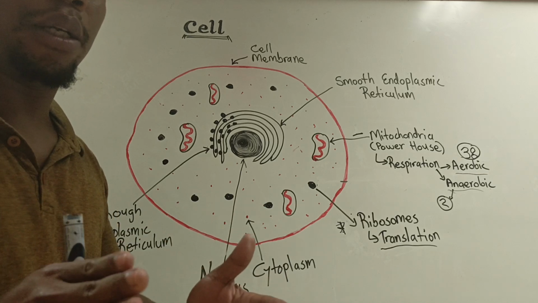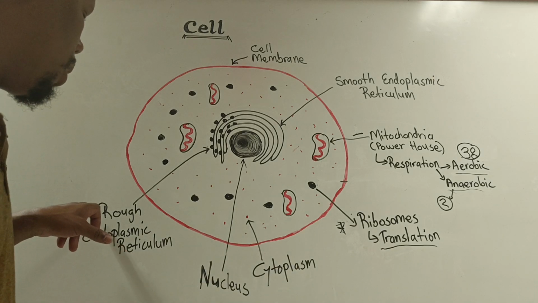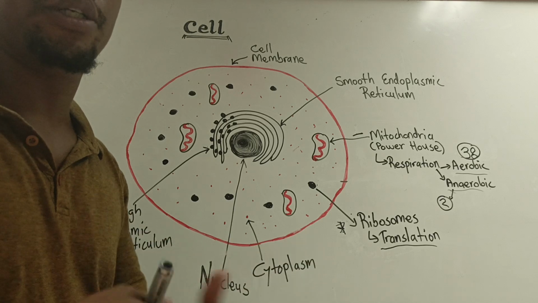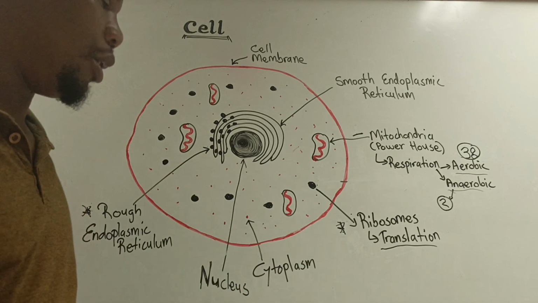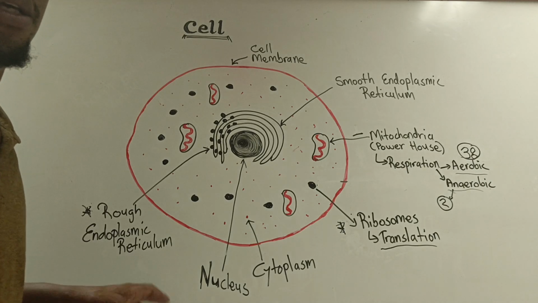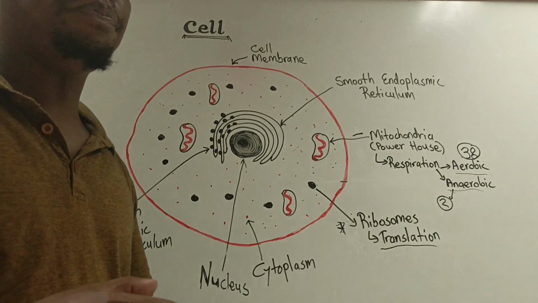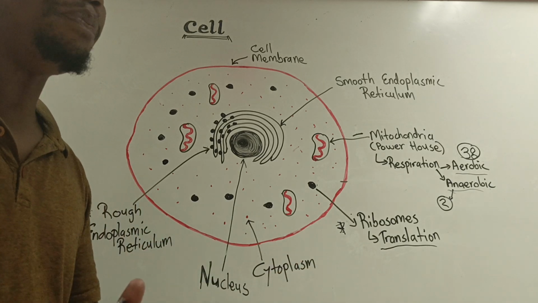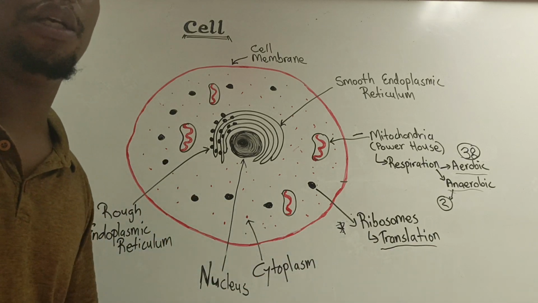So you would take it that way: the rough endoplasmic reticulum synthesizes proteins. That is what to say in the exam. And then the additional function is that it modifies proteins. Post-translational modification.